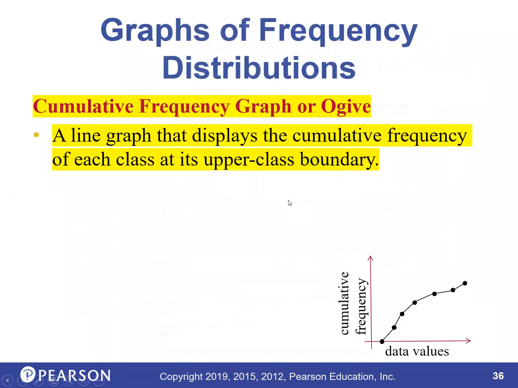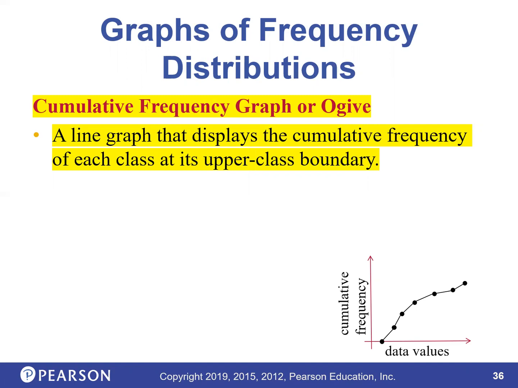Okay, one last one. One last one here it is. Something called the cumulative frequency graph, or something called the ogive.